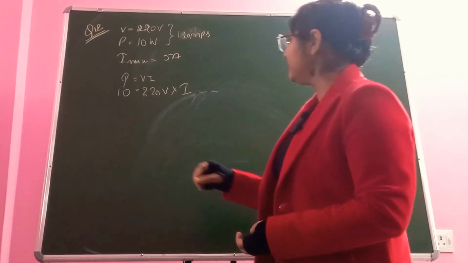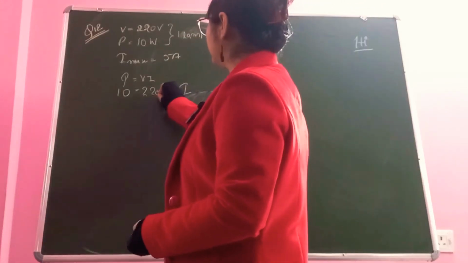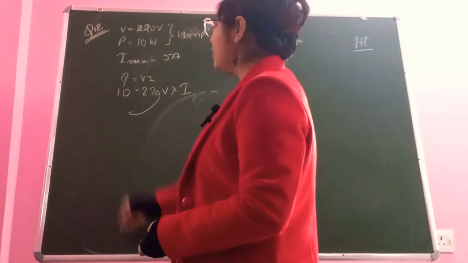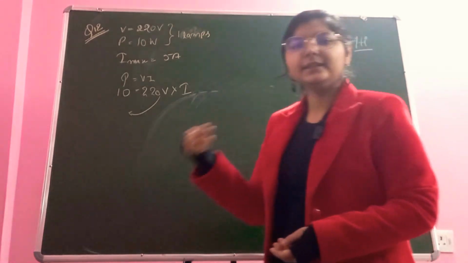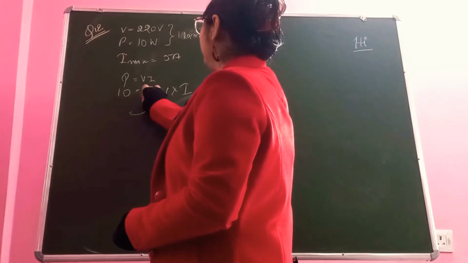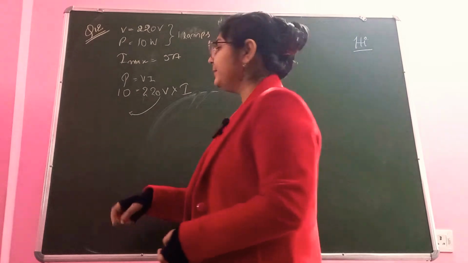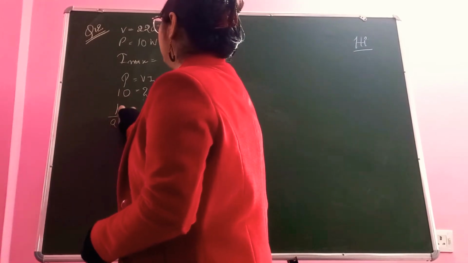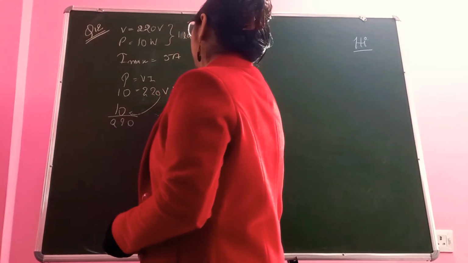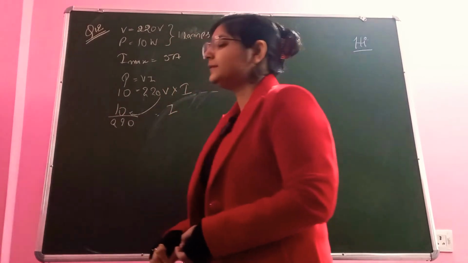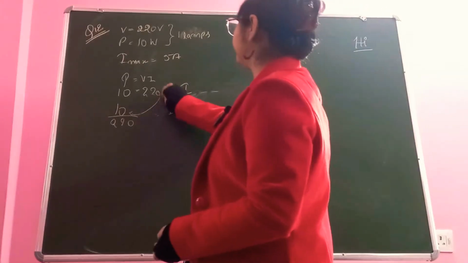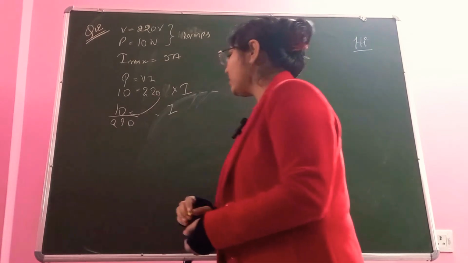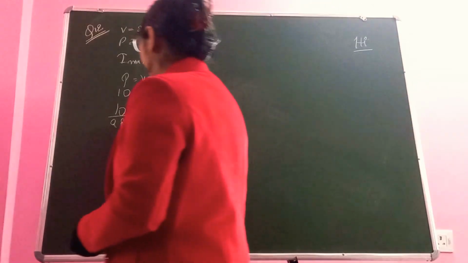So keep it in mind that you have to send the non-family member to the other side, and the non-family member here is what? 220, correct? So 10 upon 220 is equal to I. Don't put units while solving. It will get you confused.